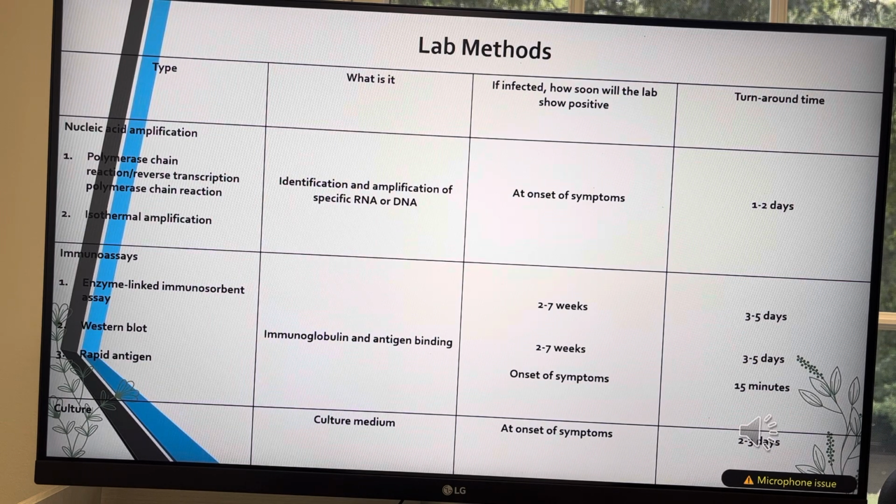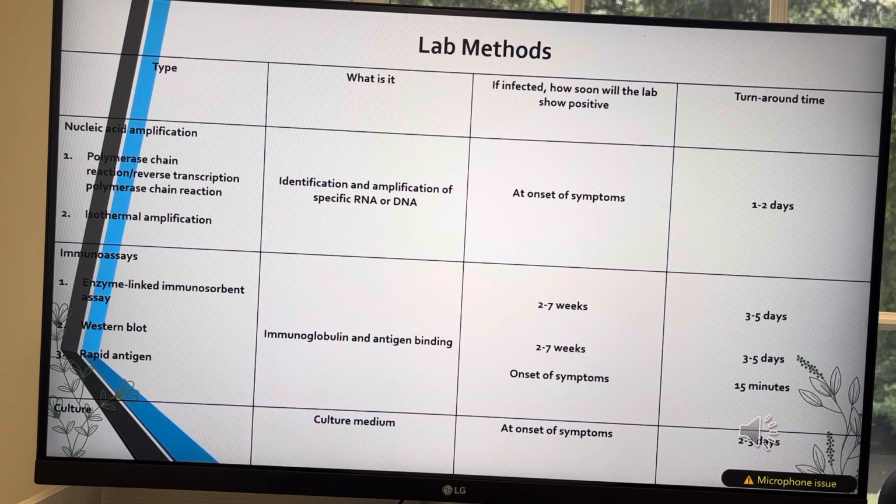The sample is then cooled to allow complementary primers to attach to the specific DNA that is being looked for. It then reheats back up to allow DNA polymerase to add DNA bases to the templates. And this duplicates the original DNA sample, creating two strands. It's repeated over and over and over again until there's millions or billions of copies of that specific DNA.